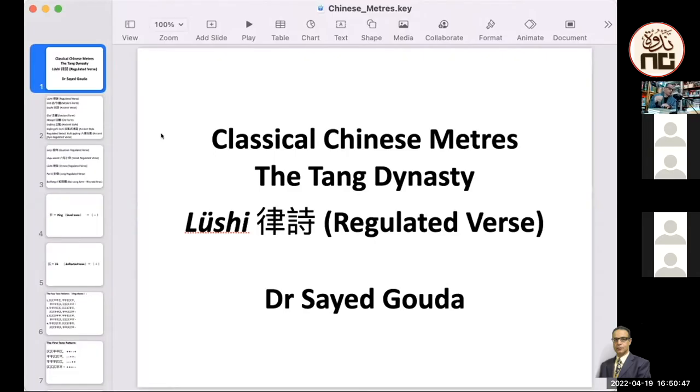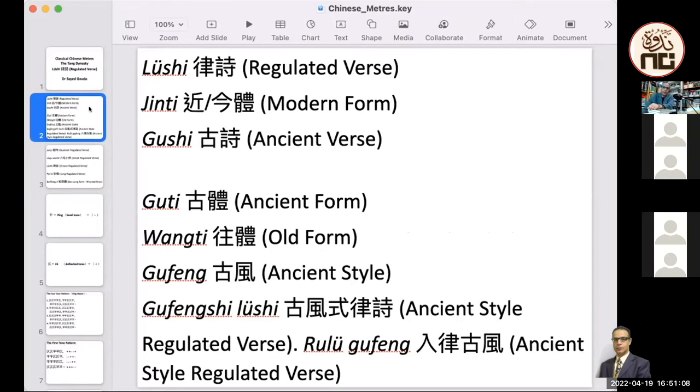Even when we study the modern Western meters and free verse, prose verse, everything, you can find all of this in the classical Chinese meters. Today we'll focus only on the meter that prevailed in the Tang Dynasty. It came under different names. For example, you may refer to it as lǜshī.